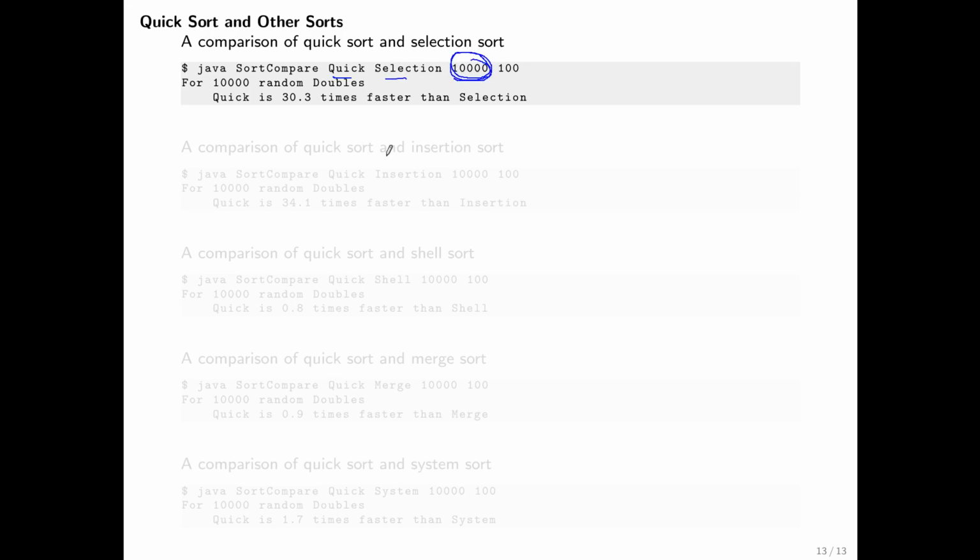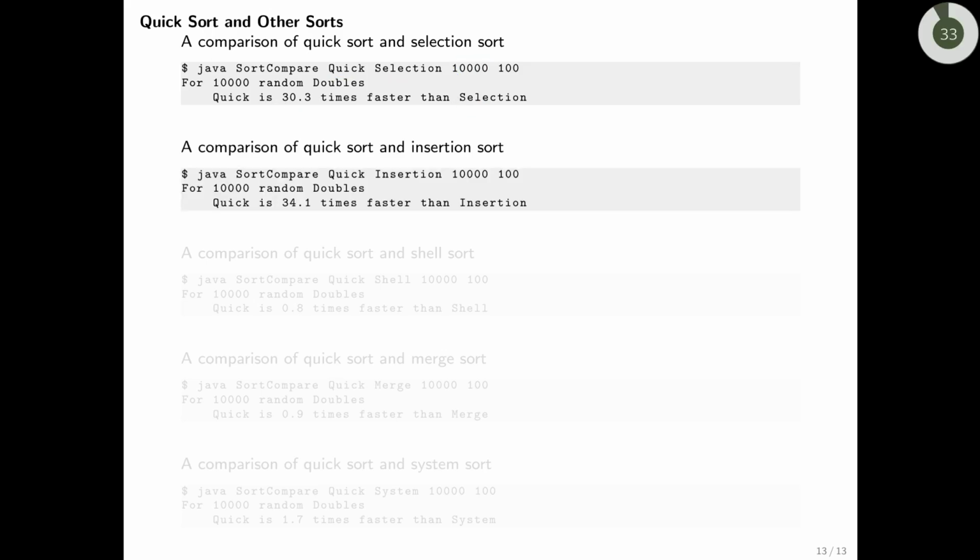The output suggests that quicksort is about 30 times faster than selection sort, and that makes sense because selection sort, after all, is a quadratic time sorting algorithm, whereas quicksort is linearithmic. Here is a comparison of quicksort with insertion sort on 10,000 random doubles, and here again quicksort is about 30 times faster than insertion sort. Again, it makes perfect sense. This one is quadratic, whereas quicksort is linearithmic.